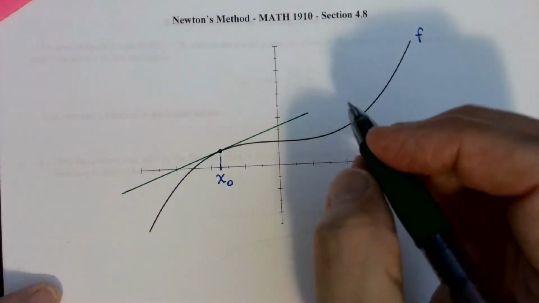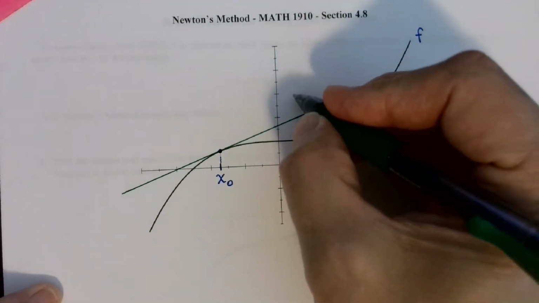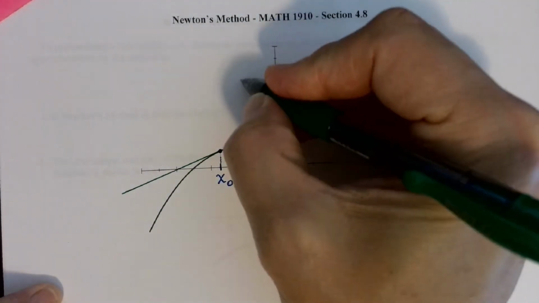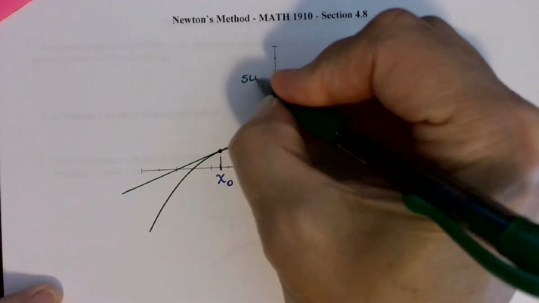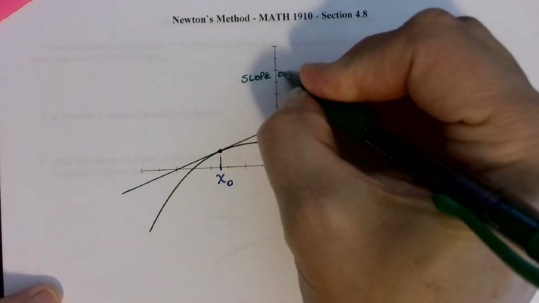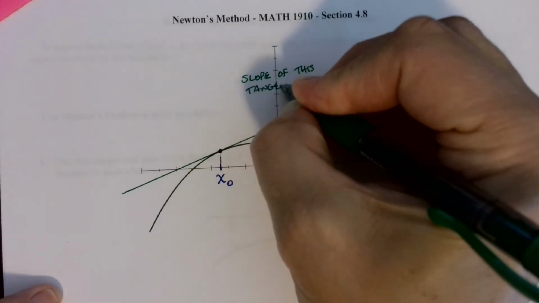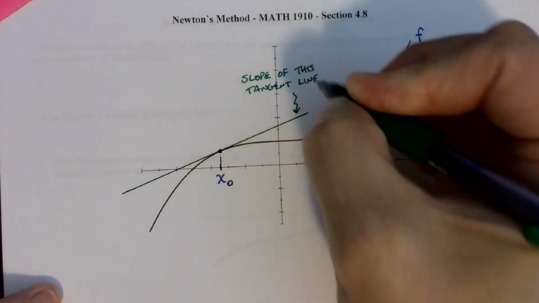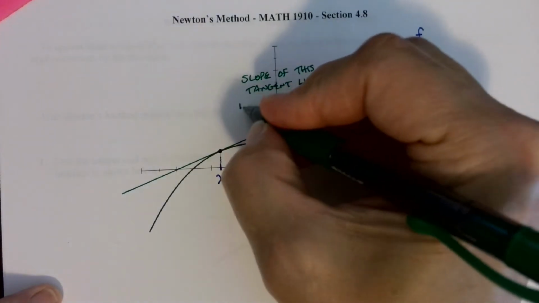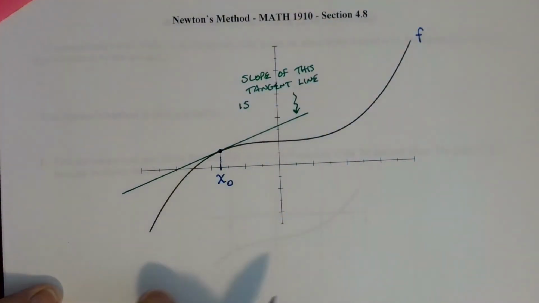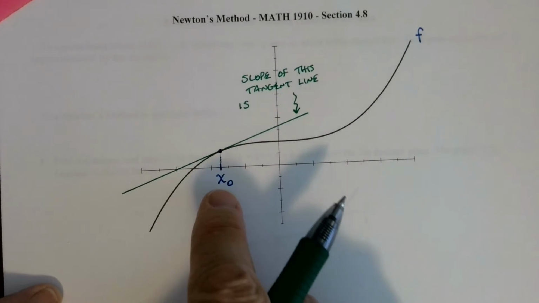Right? So this is the tangent line. And what is the slope of this tangent line? Well, it's the derivative of the function f at this point.